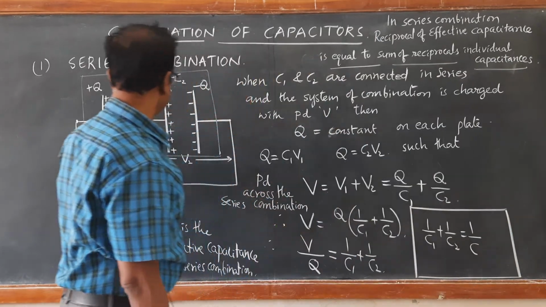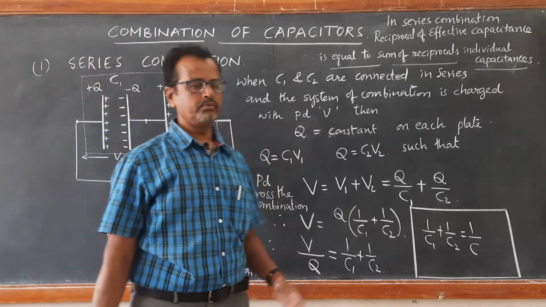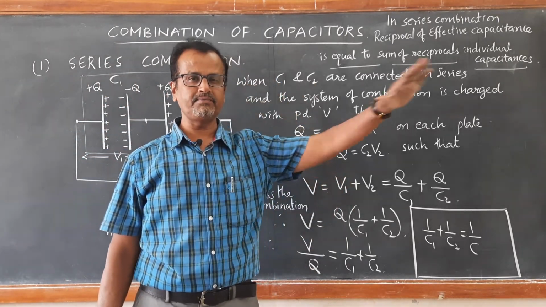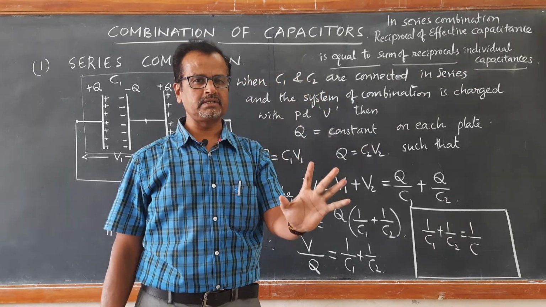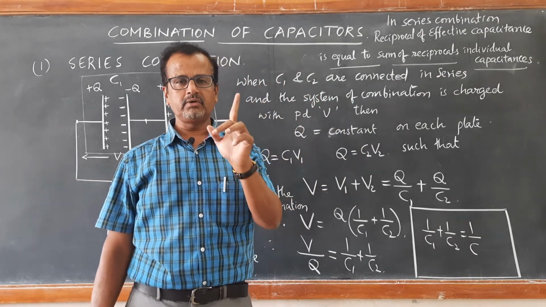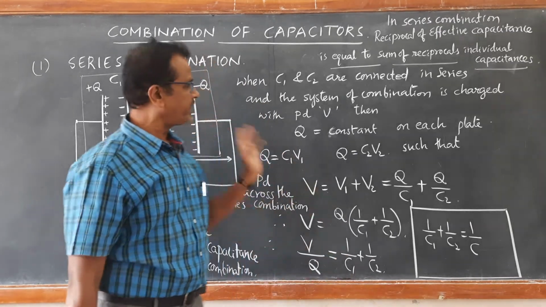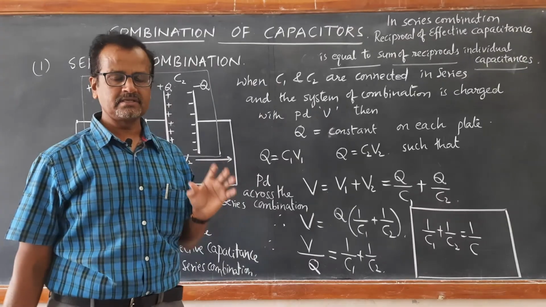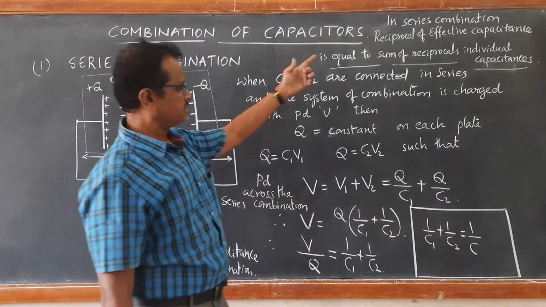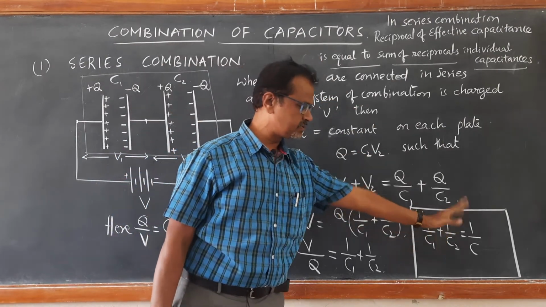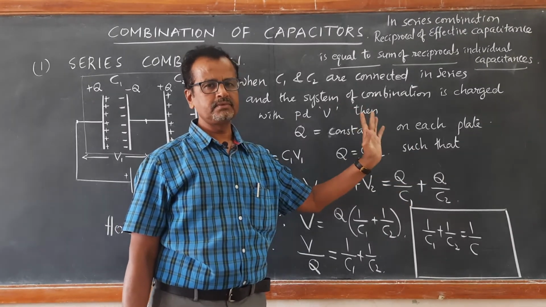It is just reverse. If you connect two resistors in series R1 and R2, we know when they are connected in series, current flowing through those two resistors I remains constant. As a result, the total effective resistance R is equal to R1 plus R2. But when the capacitors are connected in series, it is just reverse. 1 by C1 plus 1 by C2 is equal to 1 by C, and so on.